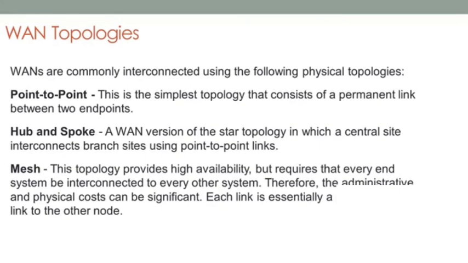Point-to-point topology is the simplest topology and consists of a permanent link between two endpoints. Hub and spoke is one version of the star topology in which a central site interconnects the branch sites using point-to-point links. The mesh topology provides high availability but requires that every end system be interconnected to every other system. Therefore, the administrative and physical costs can be significant.